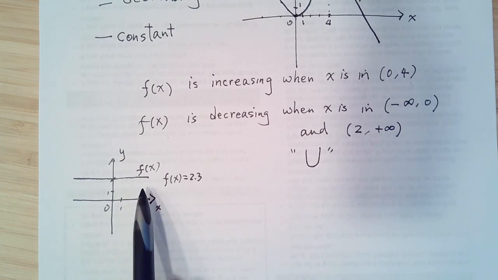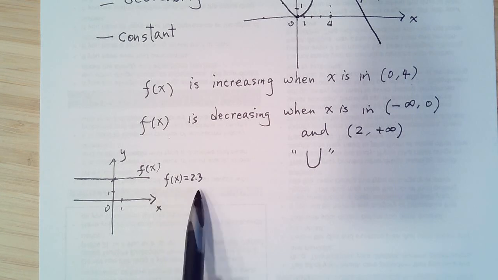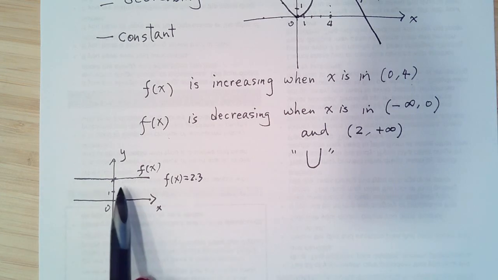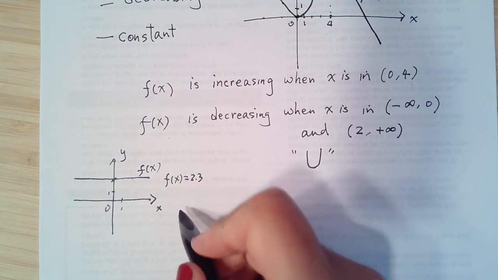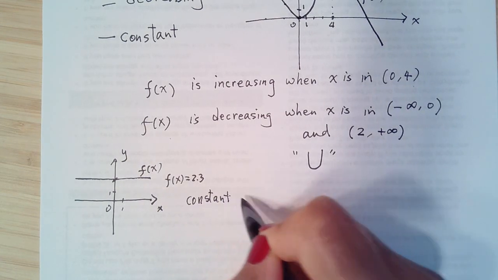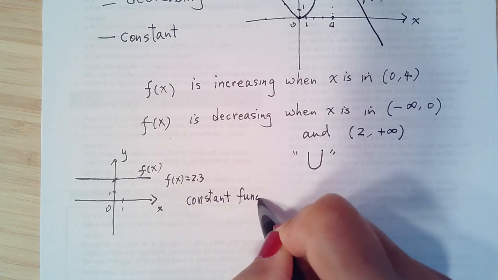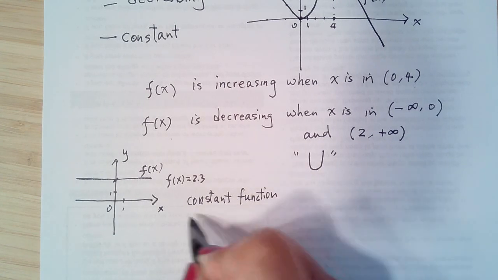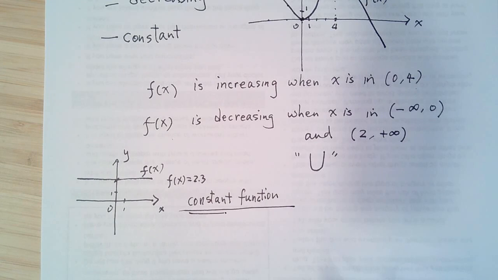Then the y that comes out is always 2.3. So you get this flat line, and that is a constant function. All right, so the reason it's a constant means the output is a constant, so f of x is a constant.